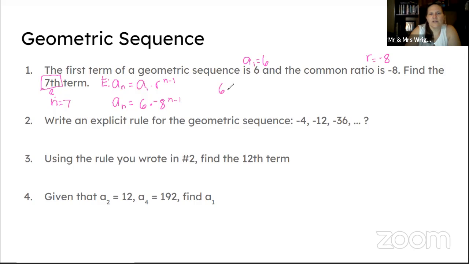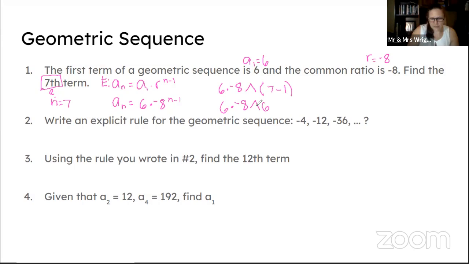So what I'm going to plug into my calculator is 6 times -8 caret, and you can do it 2 ways. You can put the 7 in where the n is and do -1. Or if you want to do that math in your head, because it's already pretty easy, you can just put a 6 in. 7 minus 1 is 6. Now you need to make sure on your calculator you use the negative button. It's different than the subtraction button.